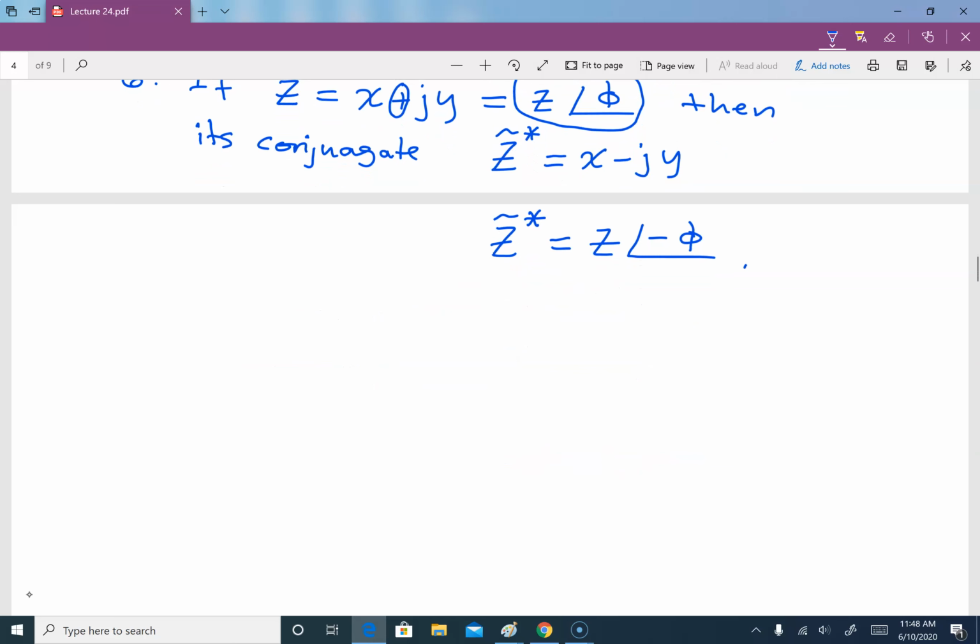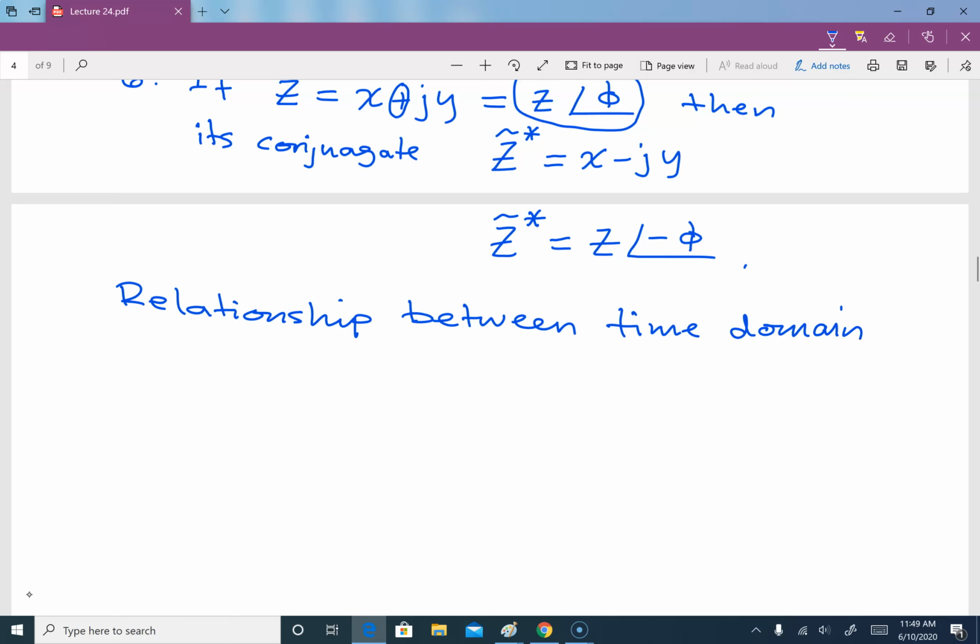So now we will know the relationship between the time domain and the frequency domain, which is the phasor domain.